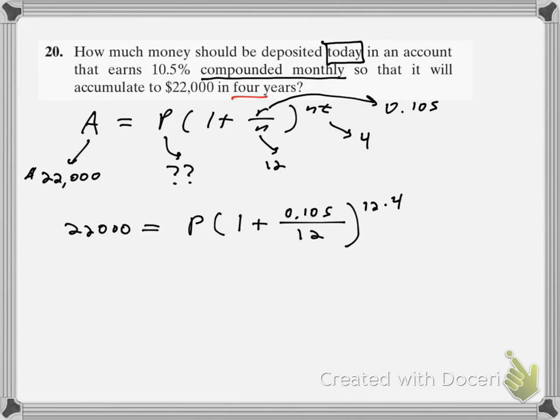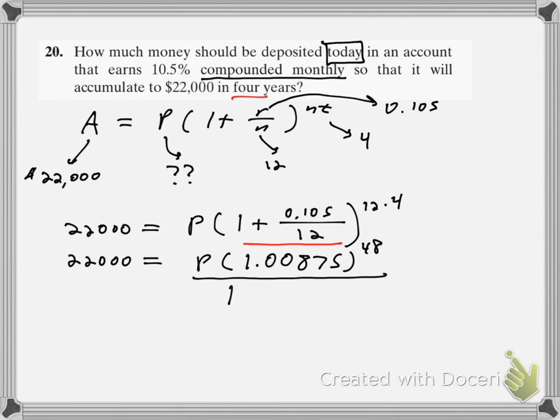So let's just simplify this a little bit. Let's do the part inside here first, just for a minute. You'll see what I'm going to do here. So 1 plus 0.105 divided by 12. This is P times 1.00875, and 12 times 4 is to the 48th power. So I want to divide both sides by 1.00875 to the 48th power.